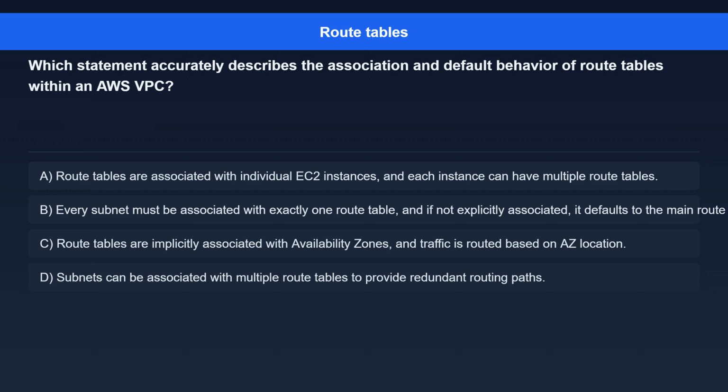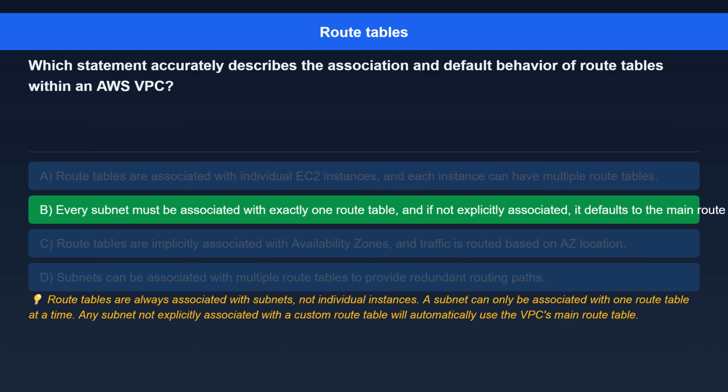Option B. Every subnet must be associated with exactly one route table, and if not explicitly associated, it defaults to the main route table. Option C. Route tables are implicitly associated with availability zones, and traffic is routed based on AZ location. Option D. Subnets can be associated with multiple route tables to provide redundant routing paths.